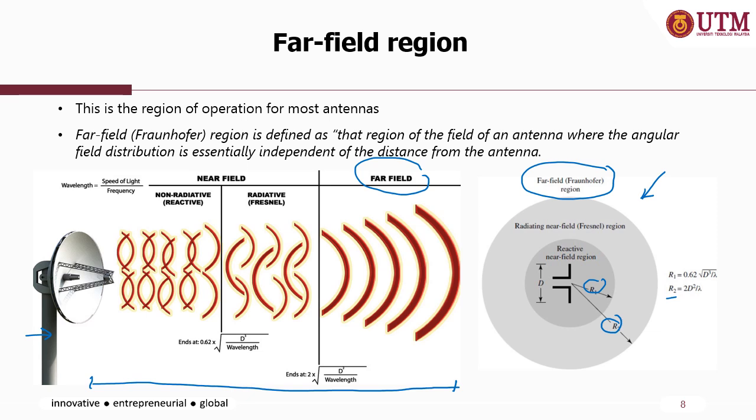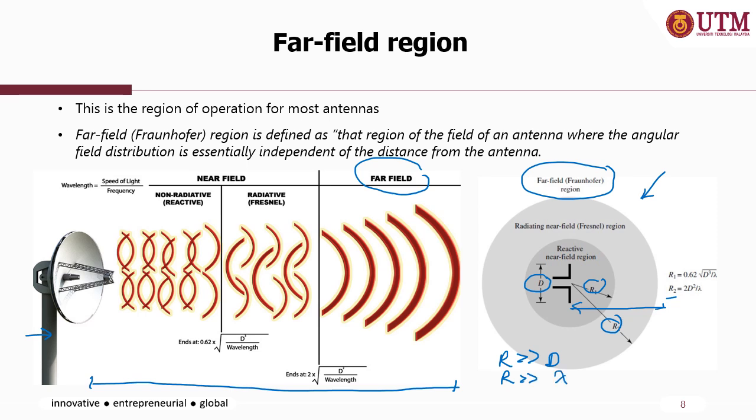In measuring the antenna in the far field region, we have to make sure that R, the distance from the antenna, must always be larger than D. D is the overall linear dimension of the antenna, and R must always be larger than lambda as well.